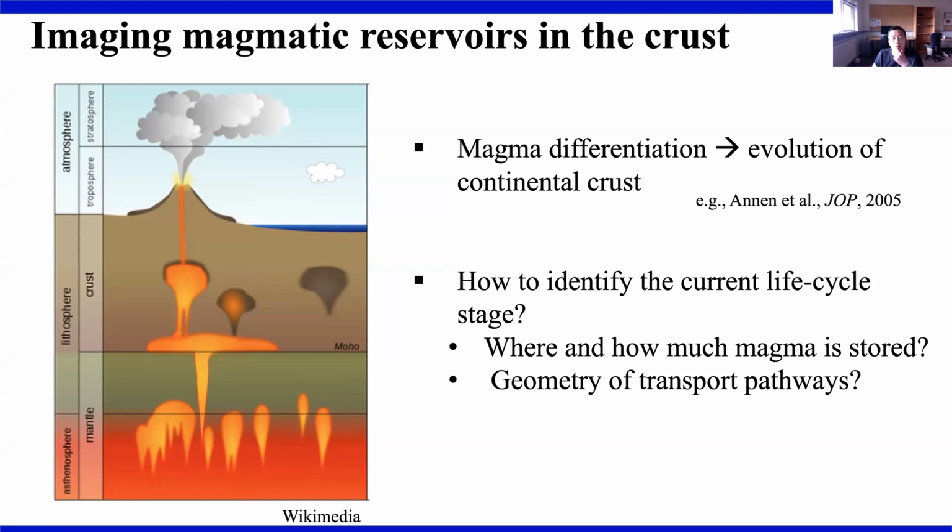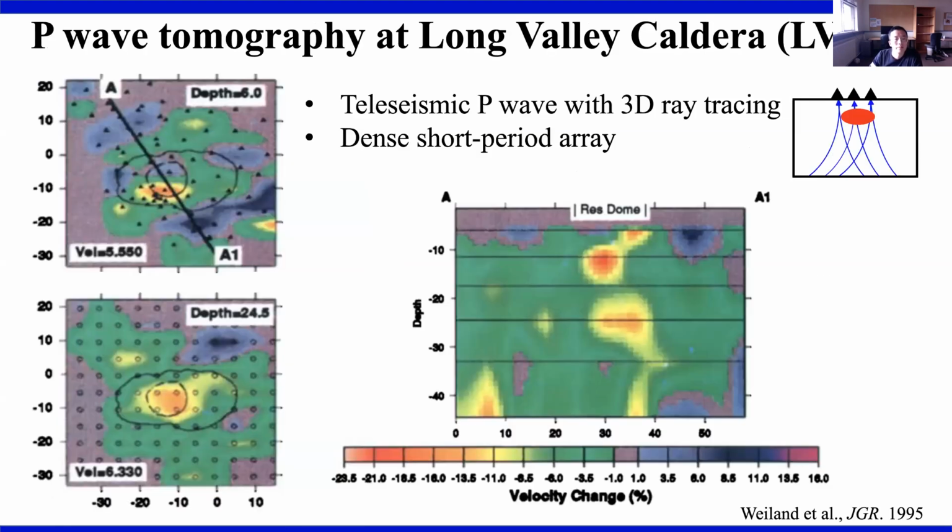This can help guide what stage we are in, and also the geometry of the magma reservoir for transport. Based on that, we can give some quantitative information for numerical modeling and related studies.